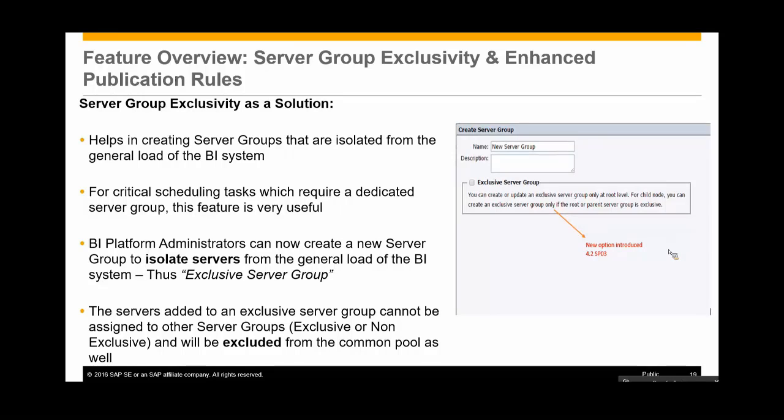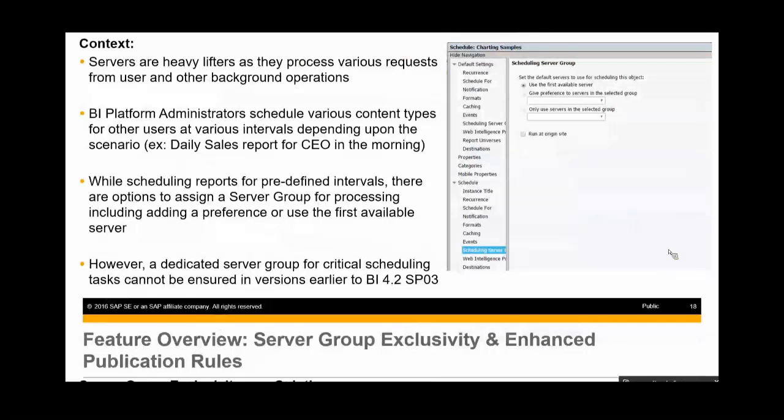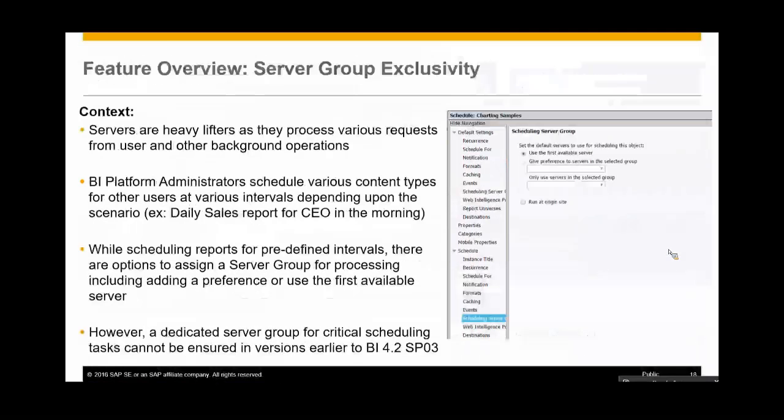So the option of creating such an exclusive server group was not present in the past, and that is the powerful feature that has been brought in as a part of BI 4.2. If you look at my slide earlier, once you create an exclusive group, you can use only servers in that selected group.